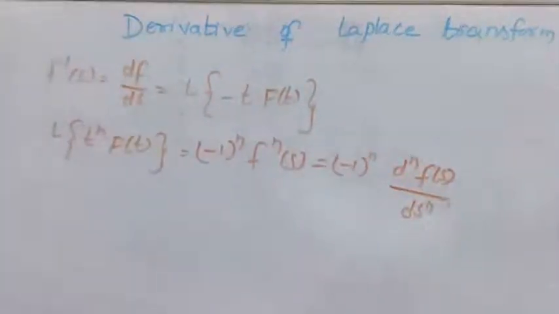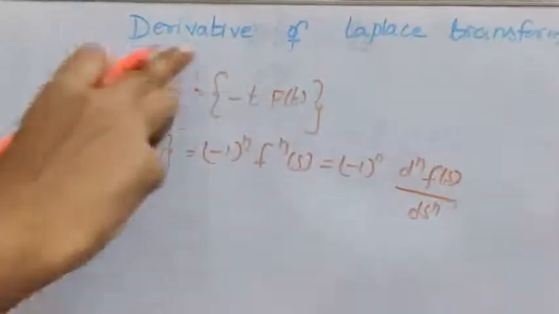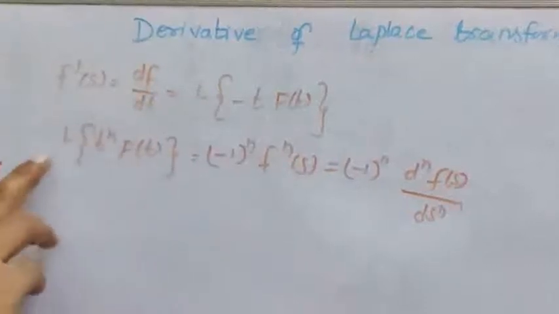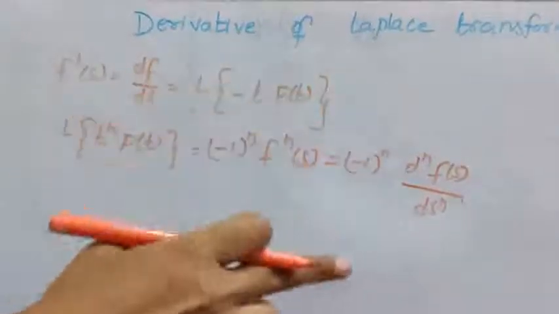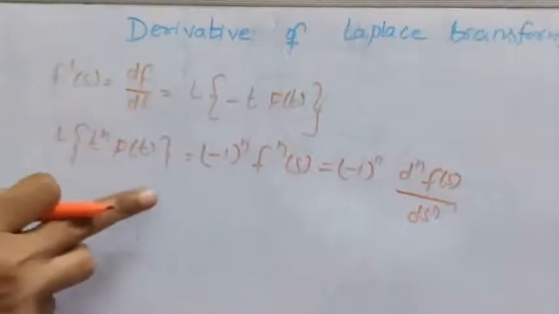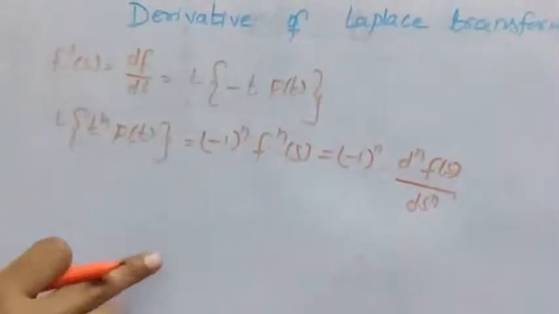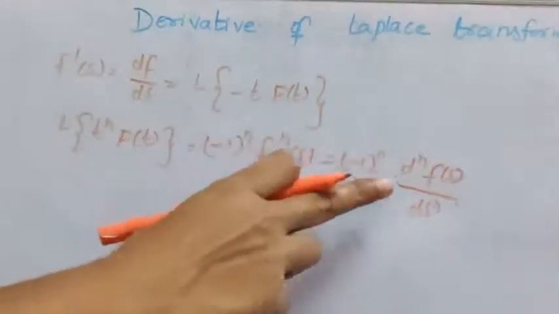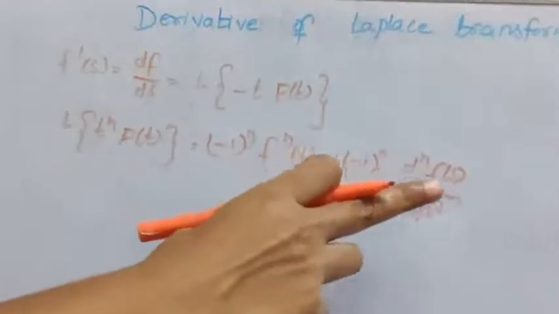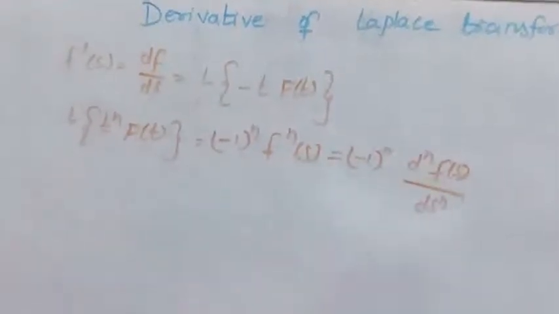So in the derivative of Laplace transform, mainly we have to prove this. In general, L of t power n f of t is equal to minus 1 whole power n into d power n f of s by ds power n.